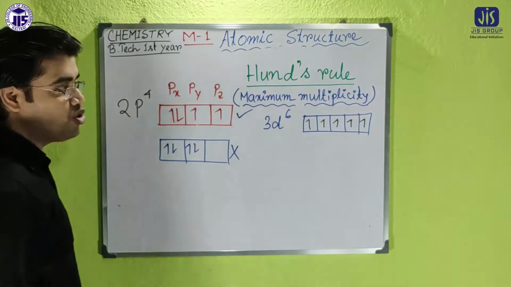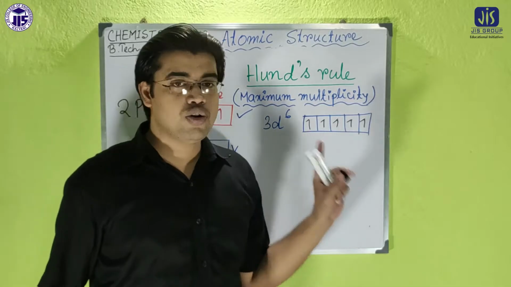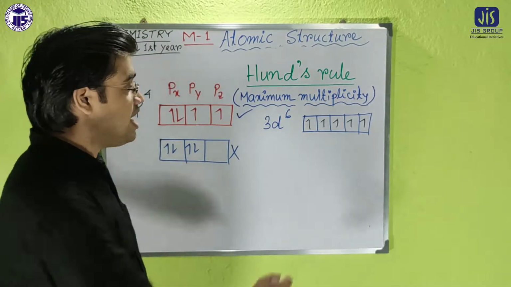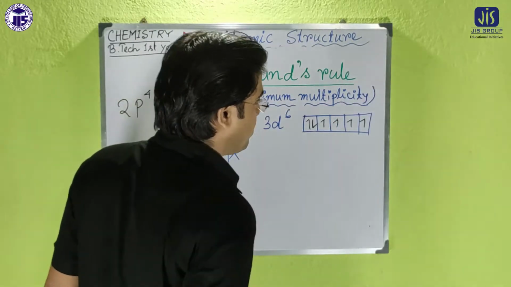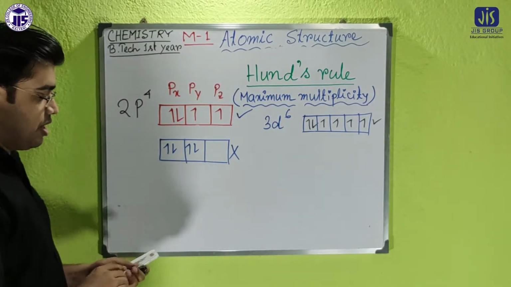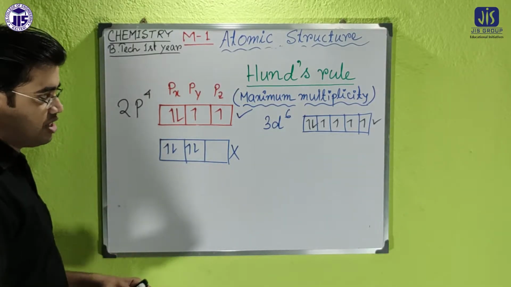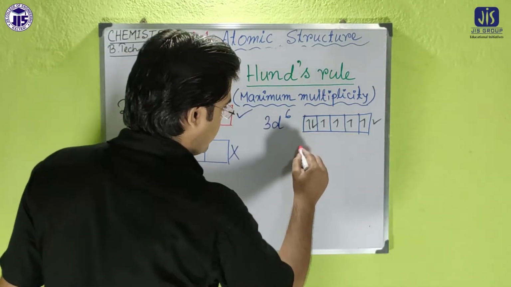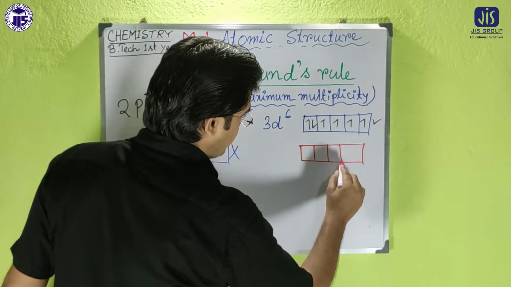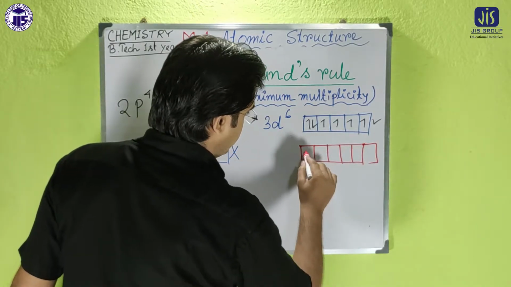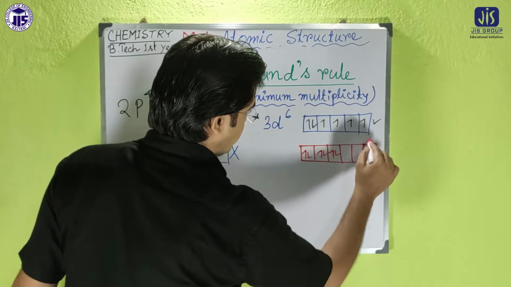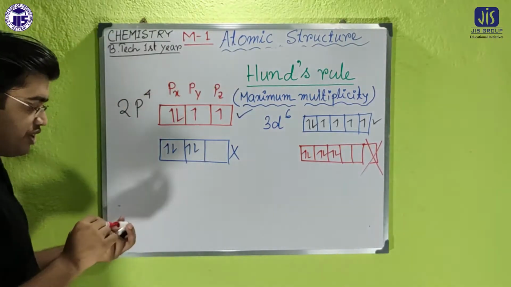According to Hund's rule, all the orbitals will be singly filled first, and then the electrons will be paired up. So this is the right configuration. But if we write 3d6 in the other way, putting the electrons 1, 2, 3, 4, 5, 6 like this, that is not the right configuration.